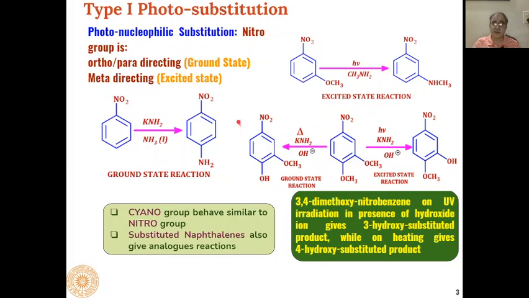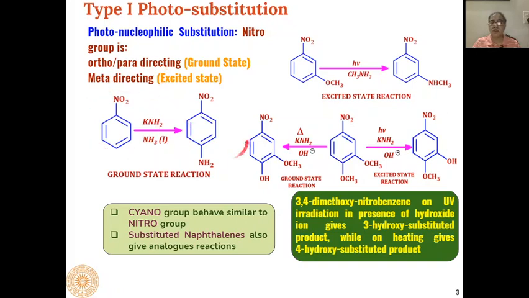And here, if we take the case of the nitro group, which is an electron withdrawing group, nitro group in the ground state acts as an ortho-para directing group.